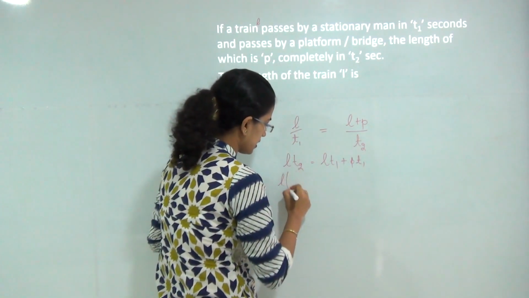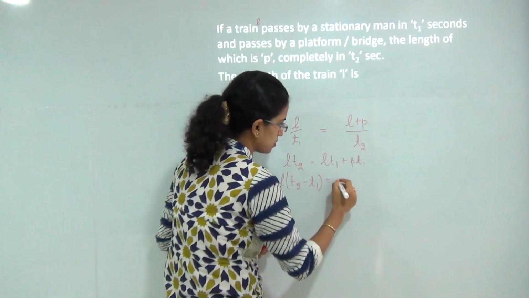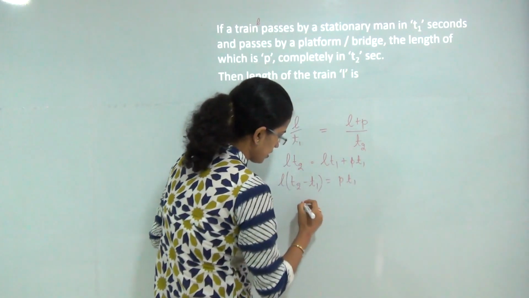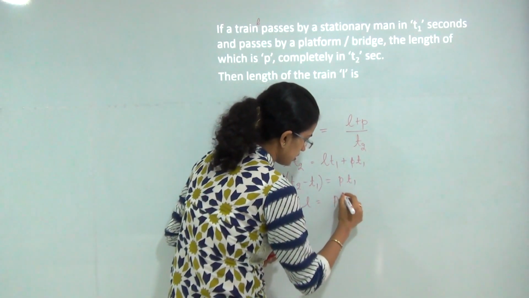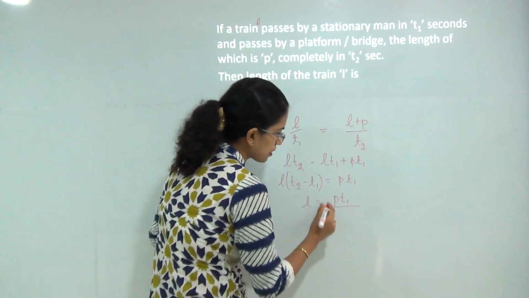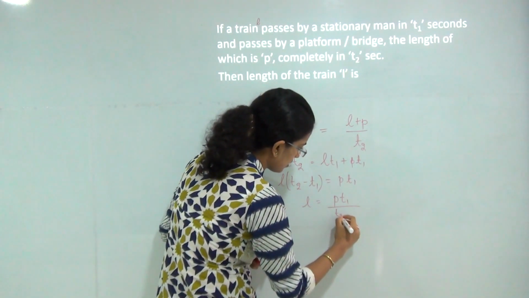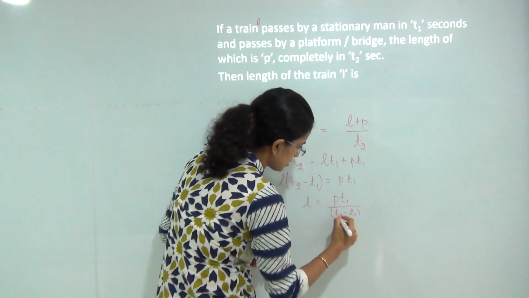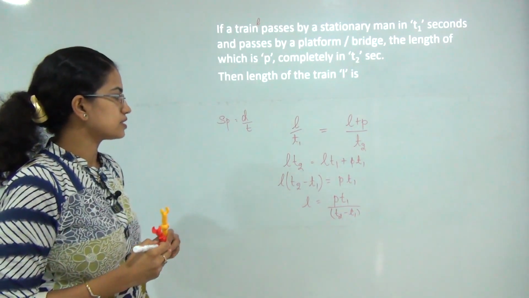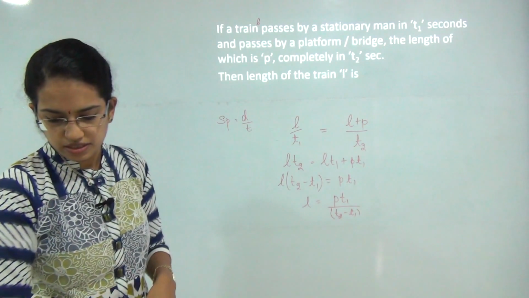Now I solve it. L t2, I bring it this side, L (t2 minus t1) is equal to P t1. So I can say the length of the train is the length of the platform into the time taken to cross the stationary object or the stationary man, divided by the difference in the time between the two cases.